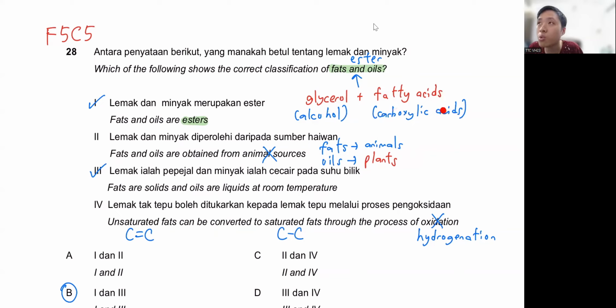This is a little bit linked to Form 5 Chapter 2. Then it becomes ester. Fat equals ester actually. So 1 is correct. Second one is wrong. You have to know the difference between fats and oils. Fats come from animals, but oil not really. Oil comes from plants. You have to know the difference.